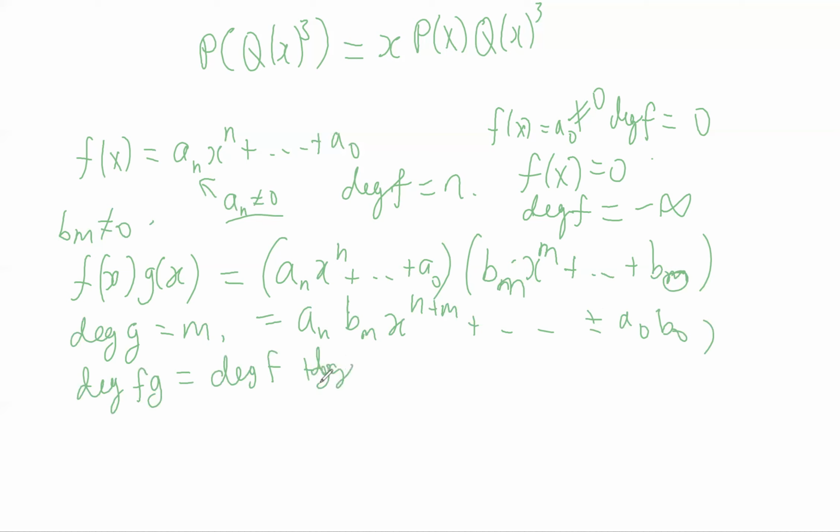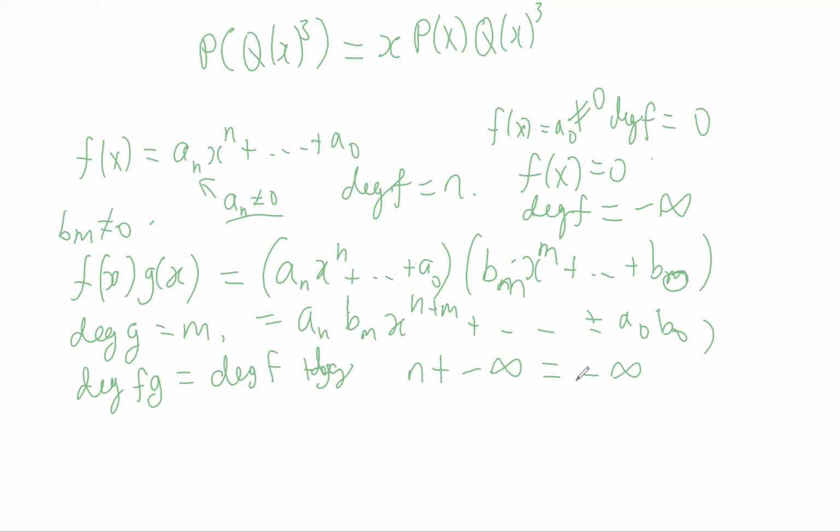But that doesn't cover all the cases, because what if f and g were the special cases that make this anything other than trivial? Can people type if they hear me? If someone types yes, we can hear you. Anyway, the thing that's making this other than trivial is the possibility that g or f is a zero polynomial. If either of them is 0, the degree is negative infinity. So we have to have some kind of rule that says n plus negative infinity equals negative infinity, right?